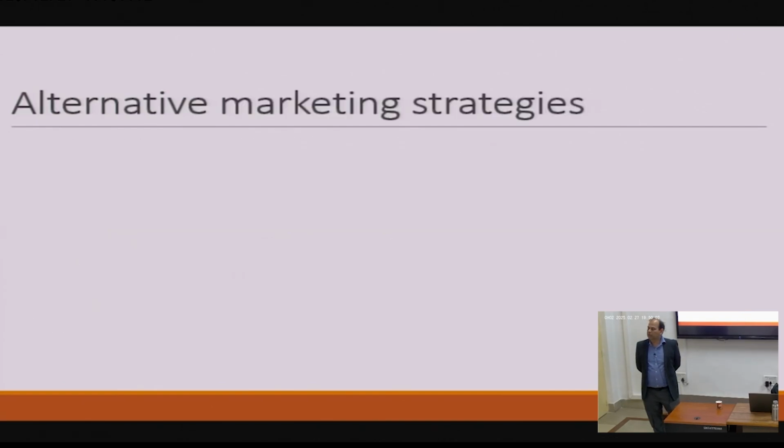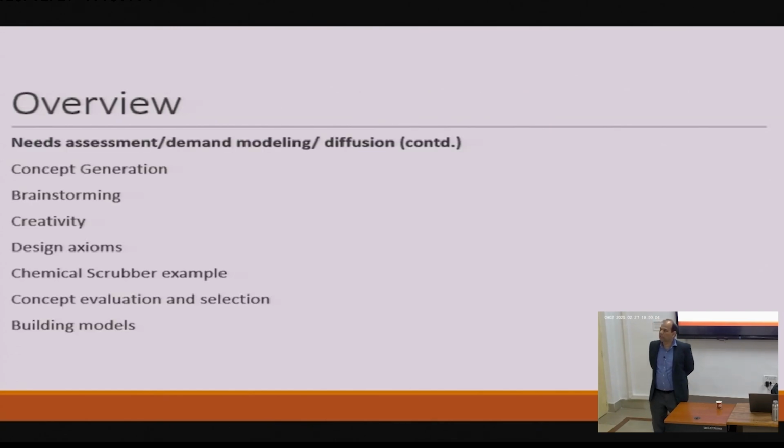So here's the overview of my talk today. We'll continue our discussion on needs assessment, demand modeling, and product diffusion. And then concept generation, followed by brainstorming, creativity, design axioms, and then the chemical scrubber example, concept evaluation and selection, and then building models, right?